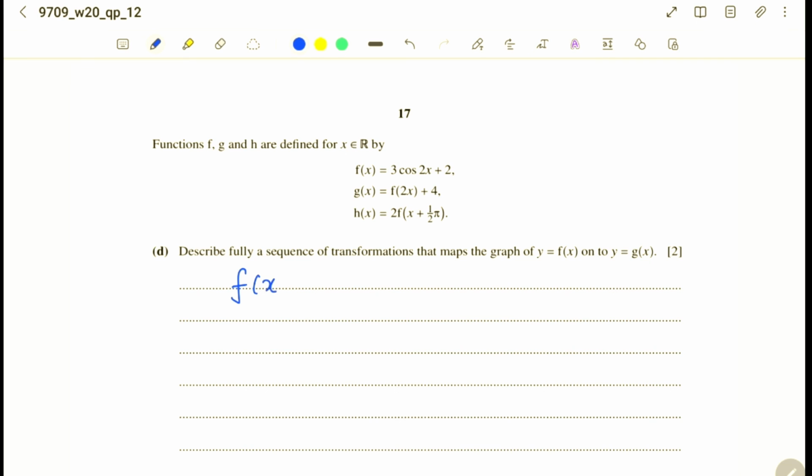F of x onto g of x, that is f of 2x plus 4. So this x is replaced by 2x. That means it is a stretching by a factor of 1 over 2 horizontally.